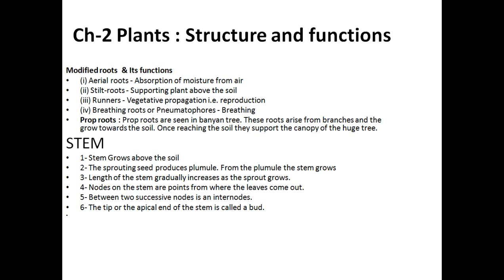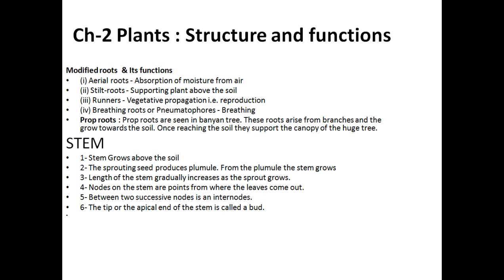Like in banyan tree, you will see that lots of roots come from the different branches of the plant, and those roots help the plant to be very erect, because those types of plants are very big in size, so it is very tough for them to stand erect in the soil. So those stilt roots provide support to them.